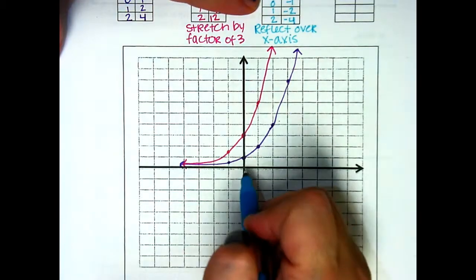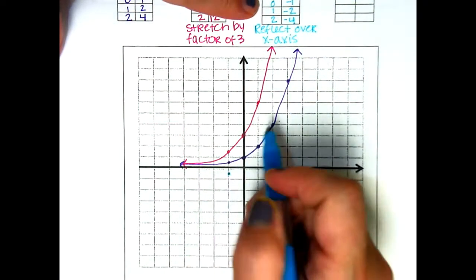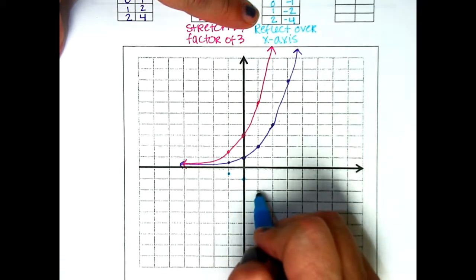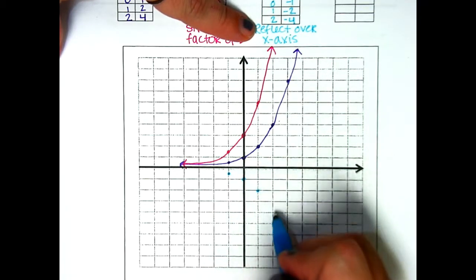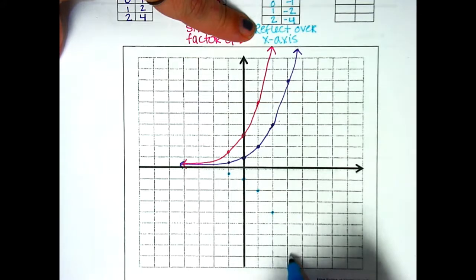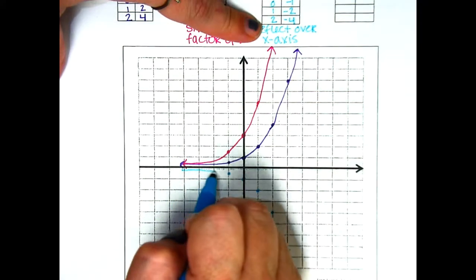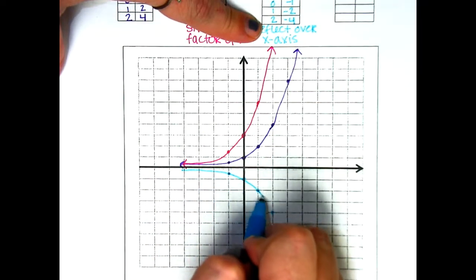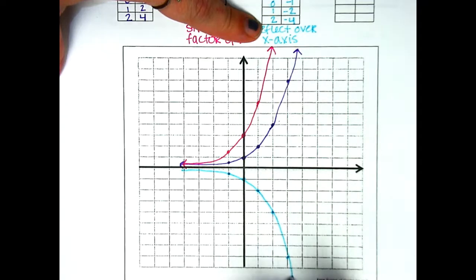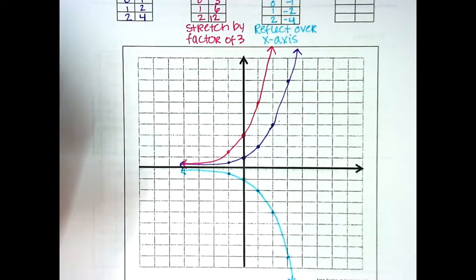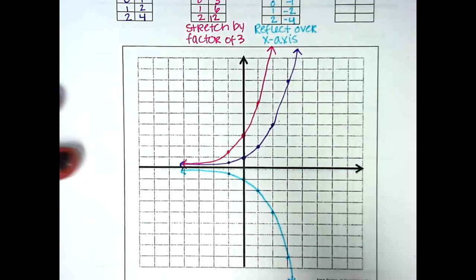So let's graph it. Negative 1, negative 1/2, 0, negative 1, 1, negative 2, and 2, negative 4. And if you want to do 3, negative 8, just as a guide. Okay, and this is going to look just like our first one, but going down. It is the mirror image of our first graph.